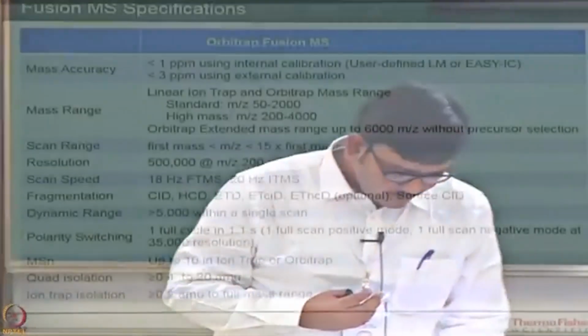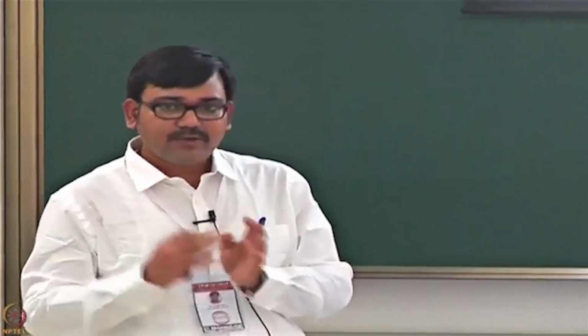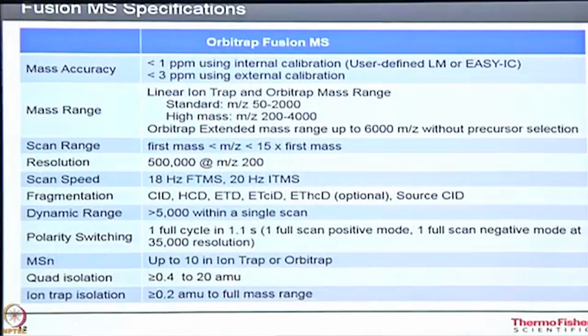Polarity switching is not required for proteins, but in the case of small molecules, if you don't know in which mode it will ionize, either positive or negative, you can do both the positive scan and the negative scan within 1 second. MSn: as it is an ion trap, you can do up to 10 MSn, meaning MS2, MS3, MS4, up to 10 theoretically.